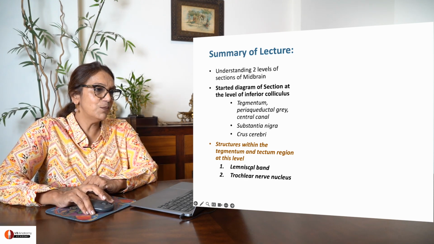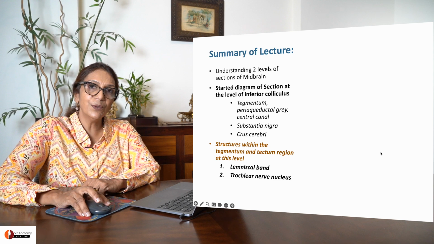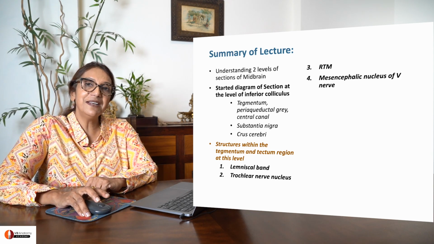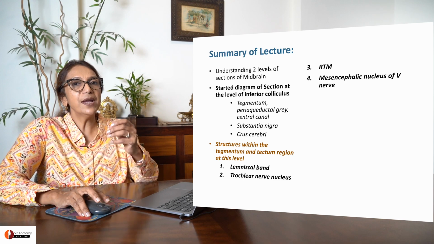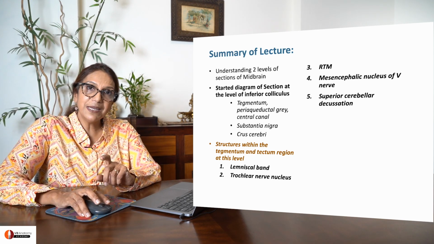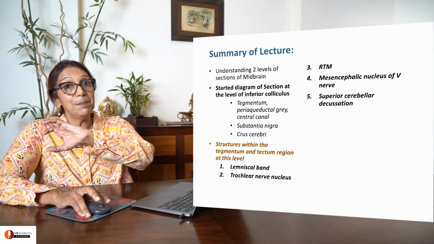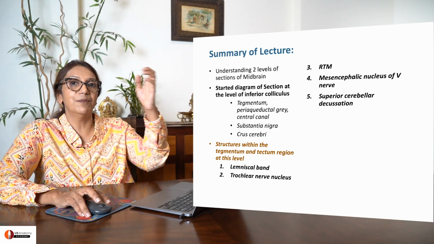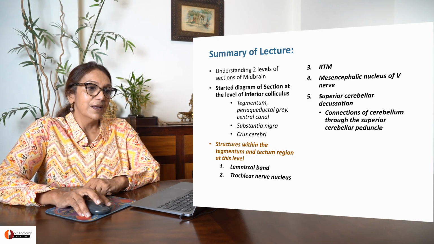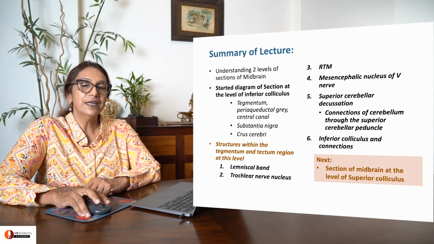Adding to this diagram was the lemniscal band and the trochlear nerve nucleus. Then we added our favorite RTM. Then we added mesencephalic nucleus, trying to understand its peculiarity, the superior cerebellar decussation, and how the cerebellum gives input back to the cerebral cortex. Then we discussed inferior colliculus and its connections.